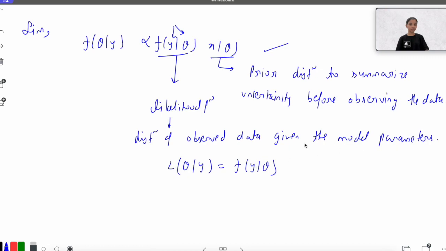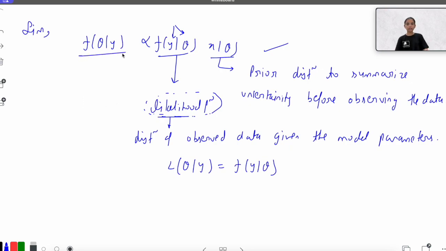That is the relation here. So the likelihood is the distribution of observed data given the model parameters, and it is a very important link from prior to posterior, because it connects the data and the parameters.